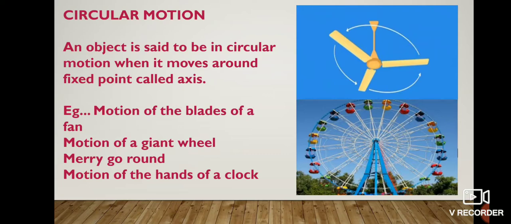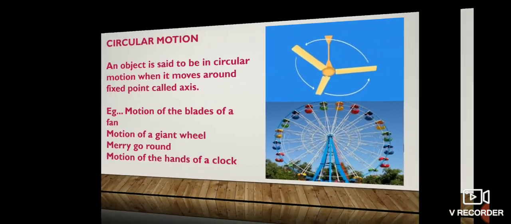There is an axis for the fan and also an axis for the giant wheel. You can see it. So the examples for circular motion are motion of the blades of a fan, motion of a giant wheel, merry-go-round at your school, motion of the hands of a clock. All are examples for circular motion.